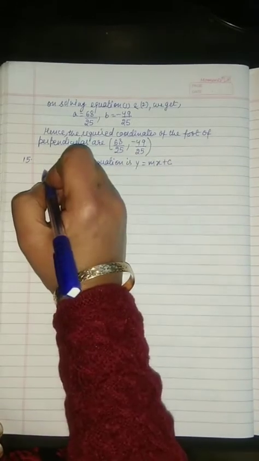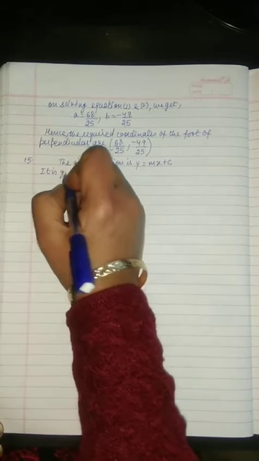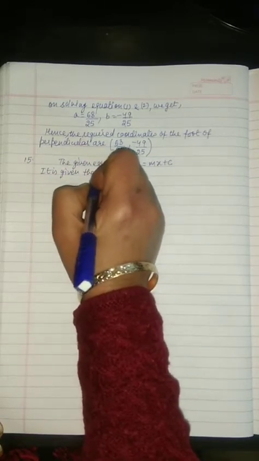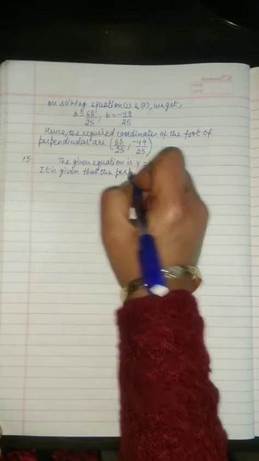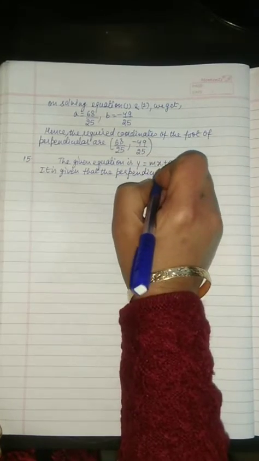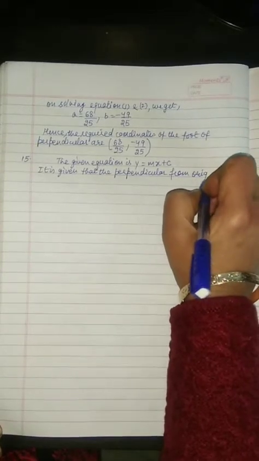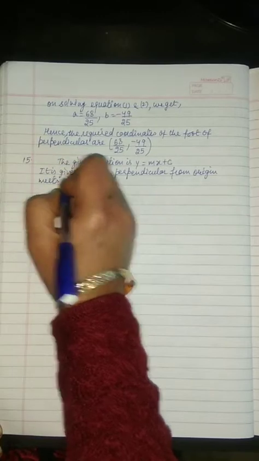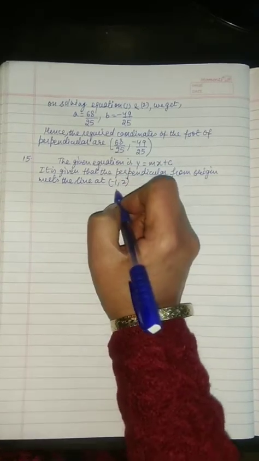Now it is given that the perpendicular from origin meets the line at minus 1 and 2.